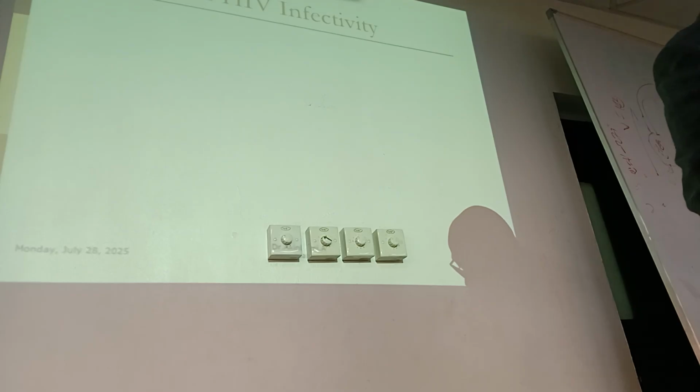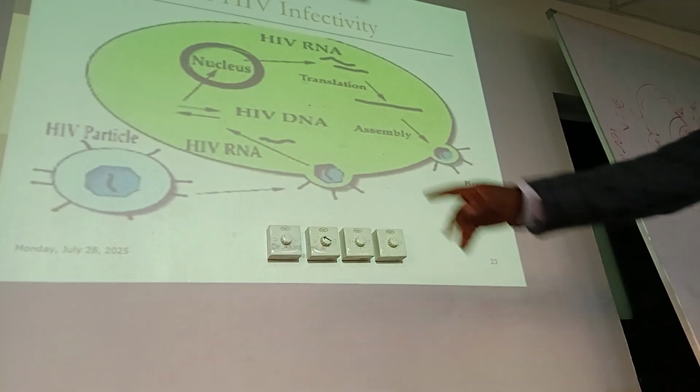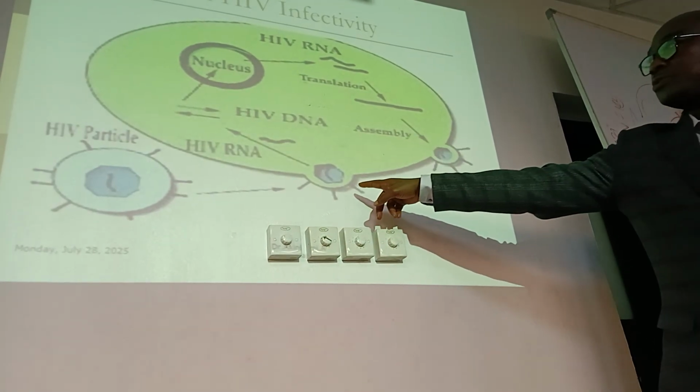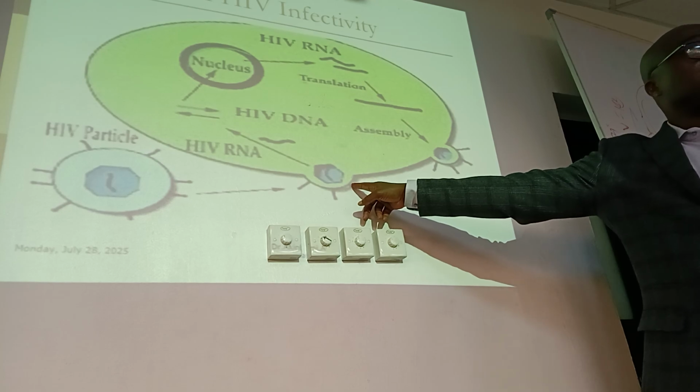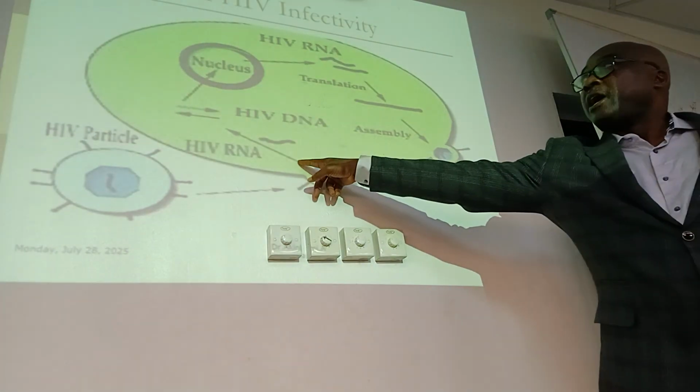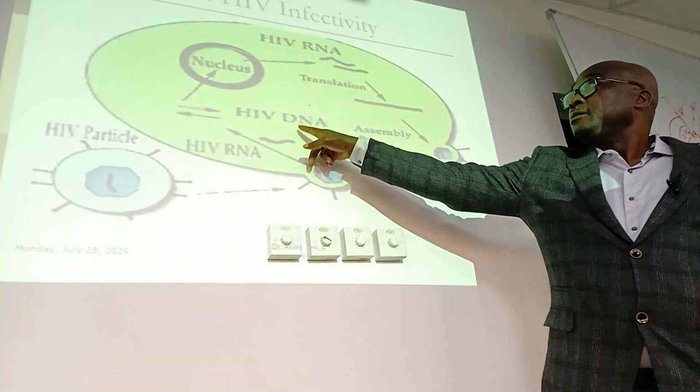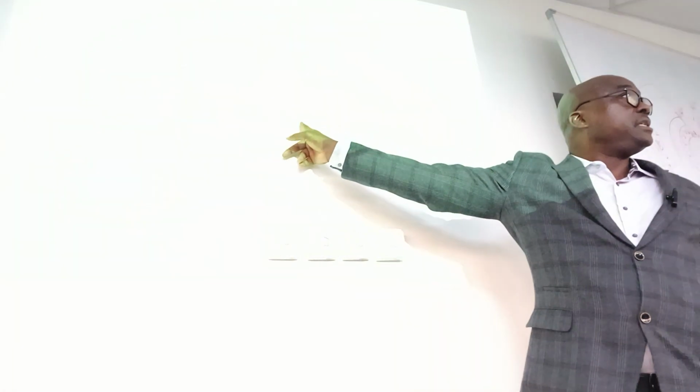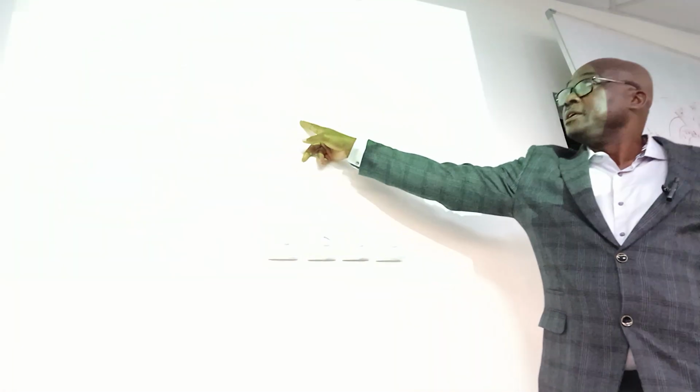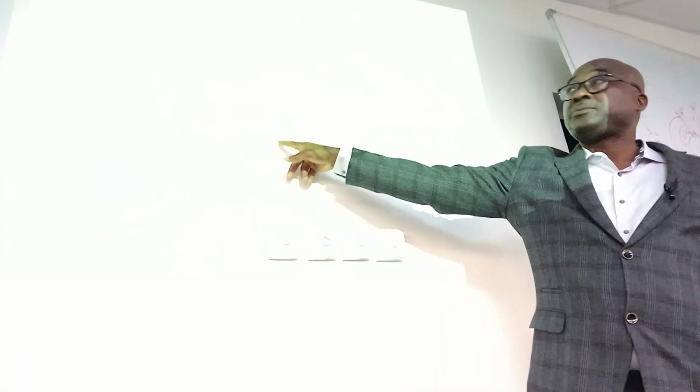So this is the summary of the infection. If you are infected with HIV, it goes into your cell, and then the HIV RNA is converted to HIV DNA. Converted with what? Reverse transcriptase.